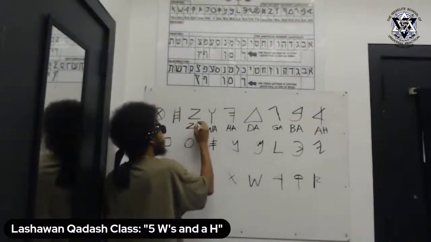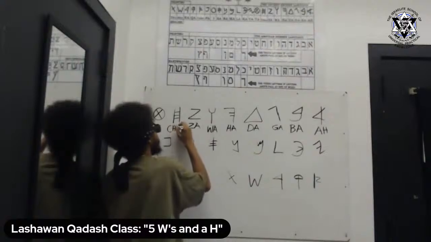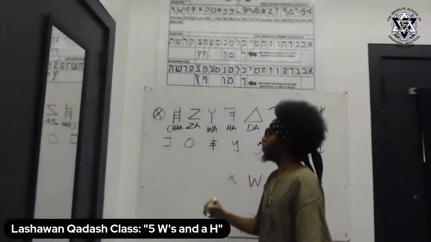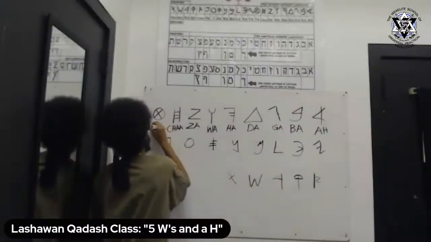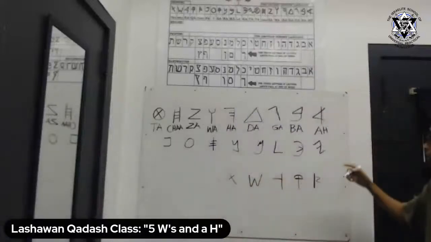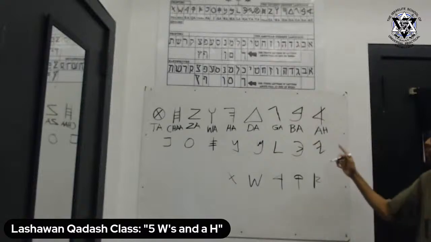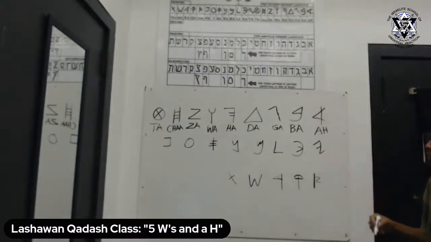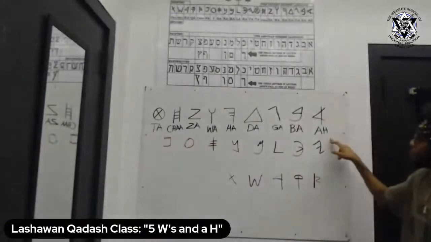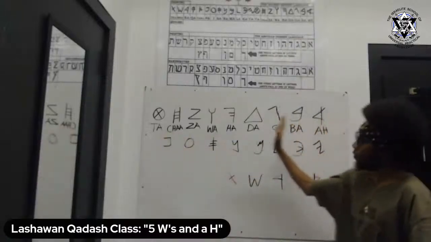Z. K. T-A. And as you see, I'm doing everything from right to left, because that's the Hebrew. Hebrew is from right to left, not left to right. In English, everything is going to be left to right, but in Hebrew it's right to left. That's why I'm going backwards.